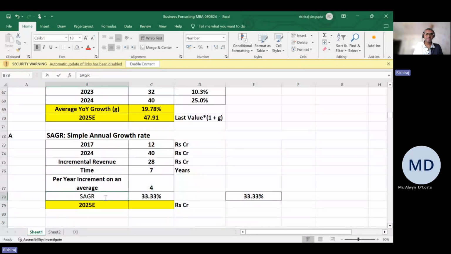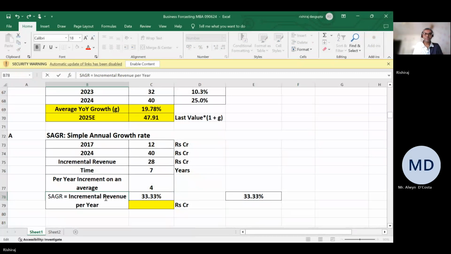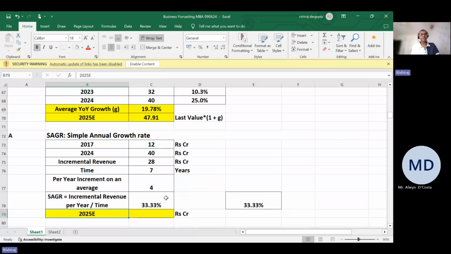So SAGR is equal to incremental revenue per year divided by the initial revenue. So that is 33.33%.